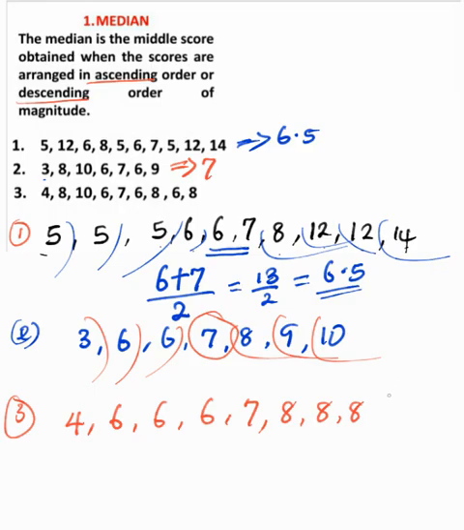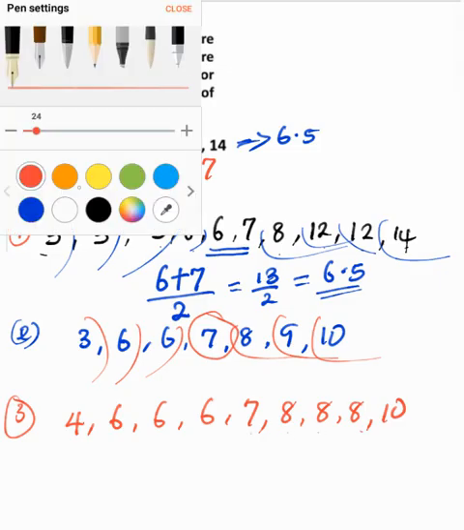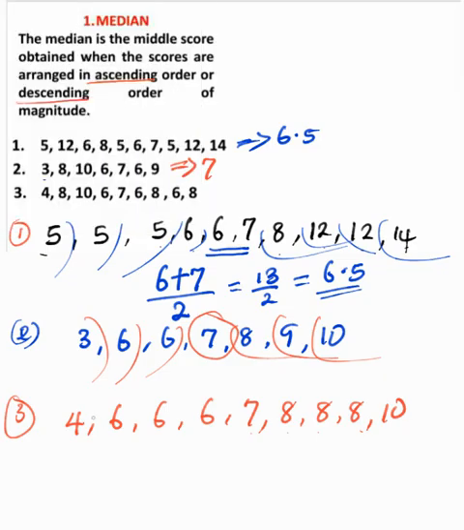And we have 10. 1, 2, 3, 4, 5, 6, 7, 8, 9. Okay, now we can simply strike them out this way. All right, and we have this score at the middle. Therefore, the median is also 7.